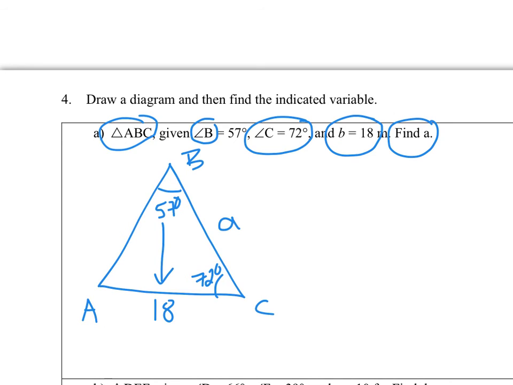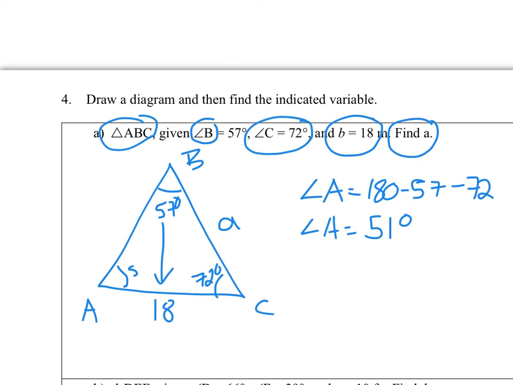How can I solve for side length A without its angle? I need its angle because the ratio is side length over angle. So what step do I need to do first? That's right. In order to solve for that missing angle, I have to do 180 minus 57 minus 72 to solve for angle A, which now I know is 51 degrees.